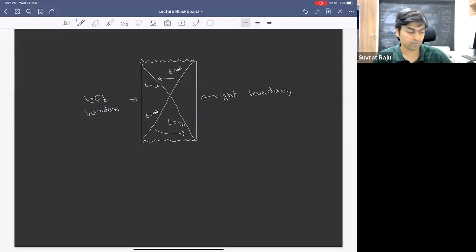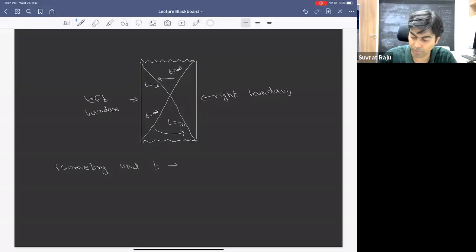Okay, great. So now, if you look at this geometry, there is clearly an isometry of the geometry, which is under t goes to t plus constant. But this t that we are talking about is the Schwarzschild t, which you can see on the left-hand side runs from minus infinity on top to infinity below.